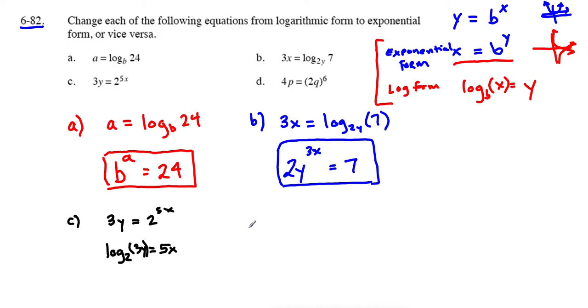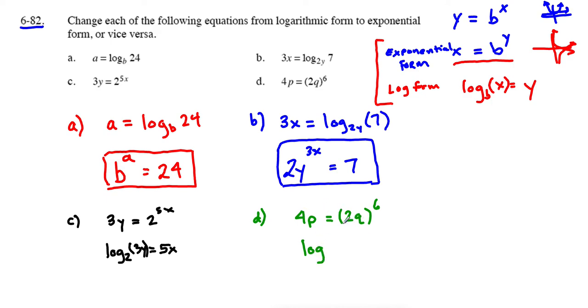Now let's move on to letter D. In this problem, we've got 4p is equal to the quantity of 2q raised to the power of 6. Again, there's no log in here, which means that we're in exponential form, and we're trying to go to log form. First thing I'm going to do, I'm going to write log in there.